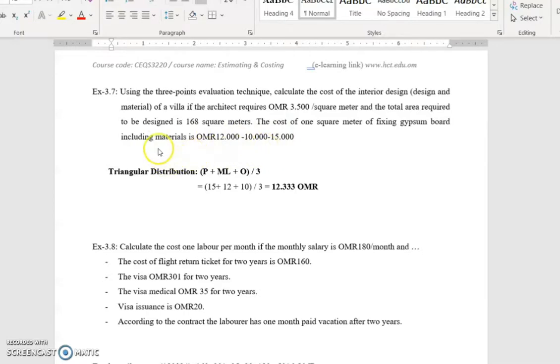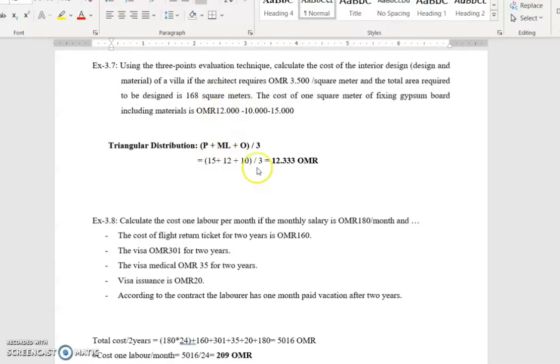Okay. Now the triangular distribution for these materials and installation, material plus installation, apply and supply they call it sometimes. PMLO, pessimistic. I'm the client, I'm calculating. So this price is optimistic, 10, and this price is pessimistic, 15, and this price is most likely, 12.